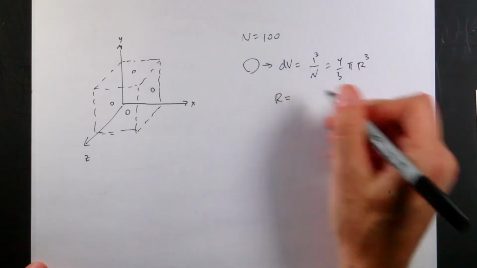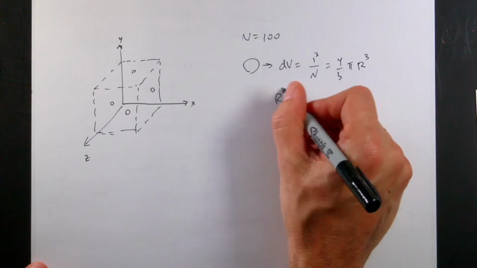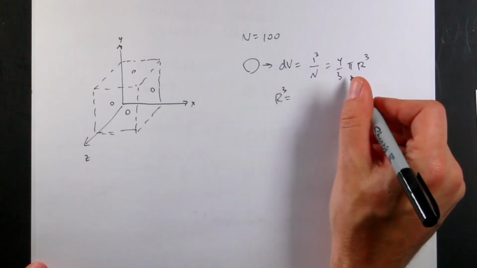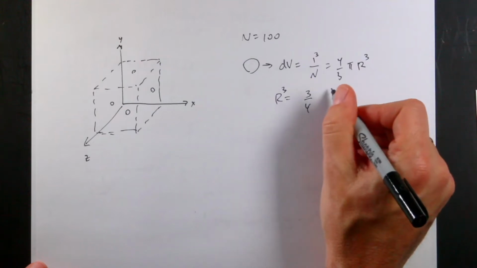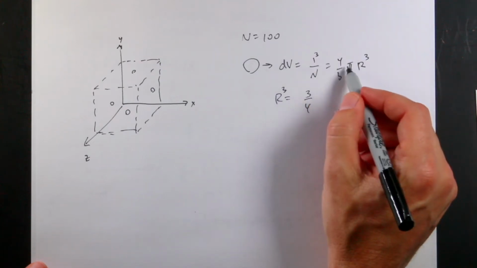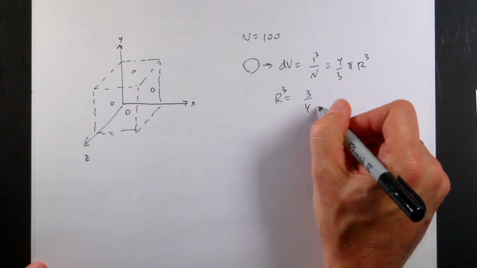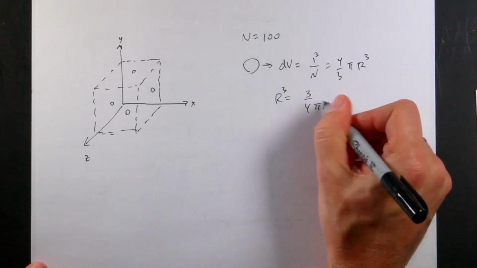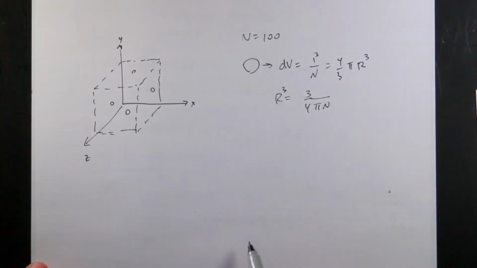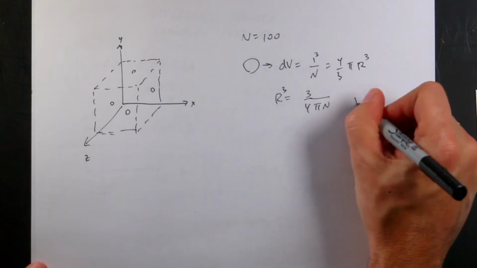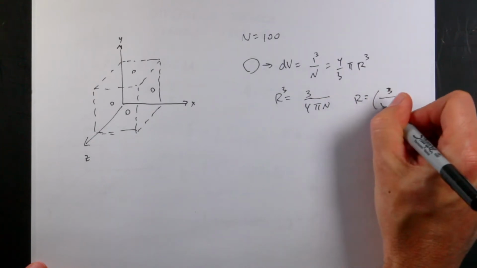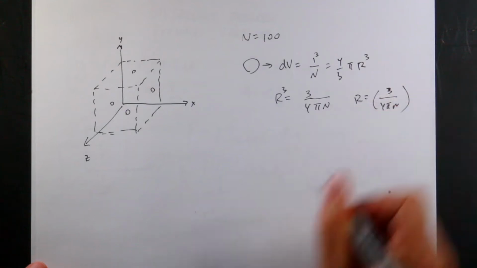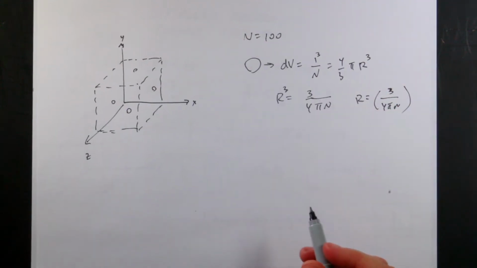So r cubed is going to be equal to 3/4, so you multiply by 3, divide by 4, divide by pi. That's true, right? Yep. And so r is just going to be the cube root of 3 over 4 pi n. Okay, so that's all my spheres.